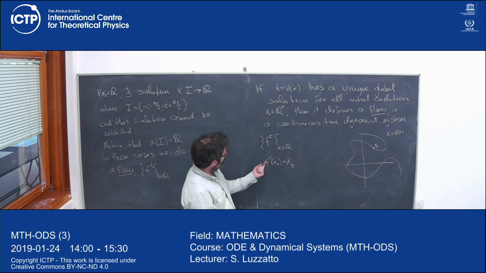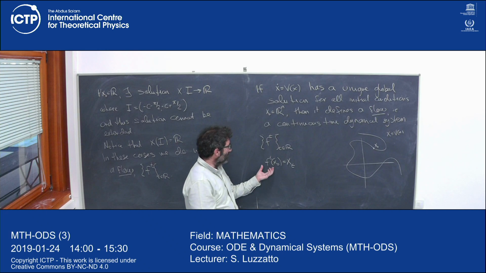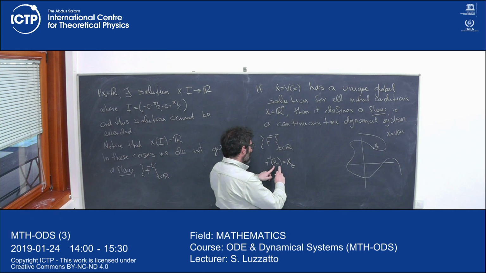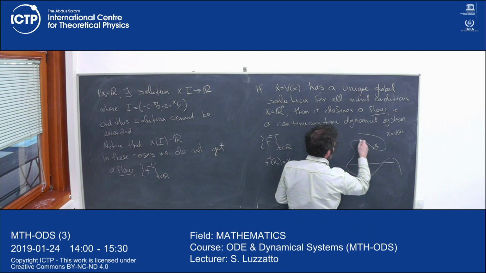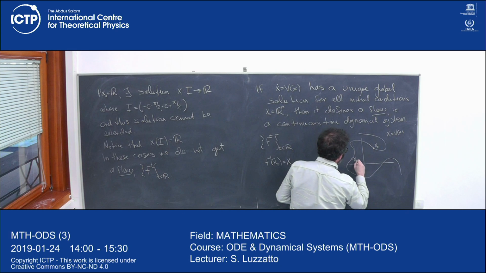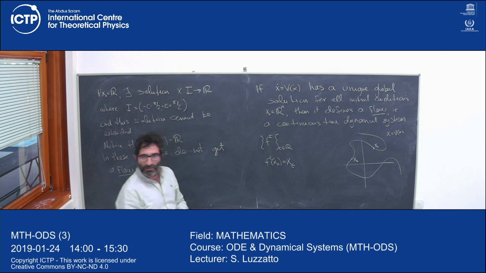So you define this map F that gives you, at every point, the position after time t under this differential equation. So at some point here you get x_t, and this is how you define the flow.